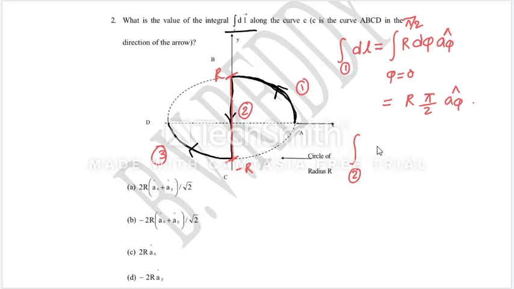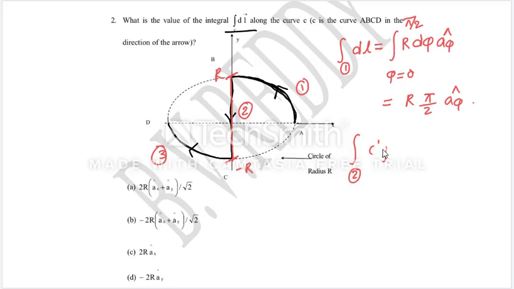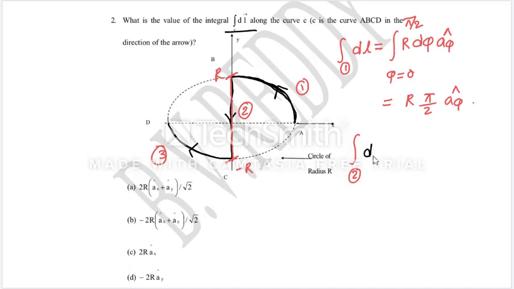So I can write it as dy. This is second path dl, which I can write as dy in the ay direction.